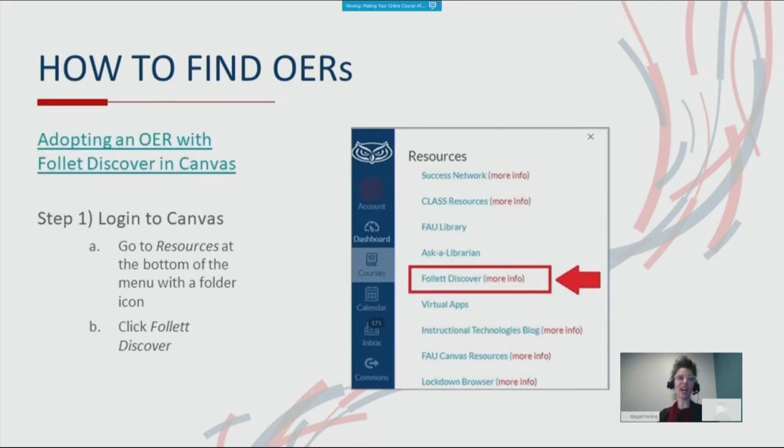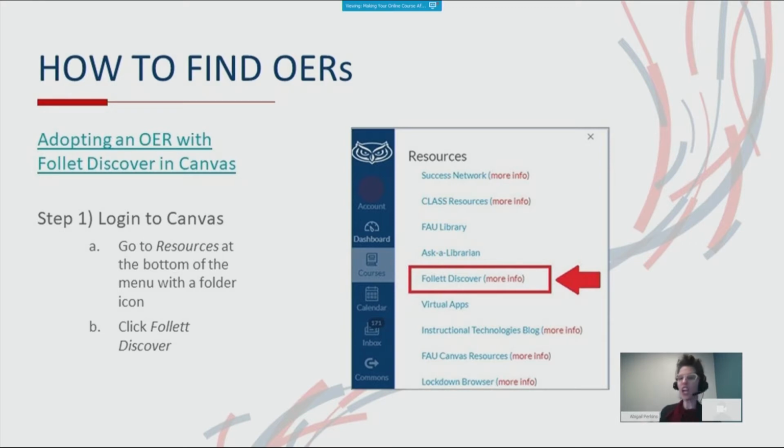How to find OERs. This is one example that we are going to go through, and this focuses on adoption. So adoption is when you find, let's say, an e-text, and you want to just take that piece of work as is and put it in your Canvas course. You don't want to make any changes to it.